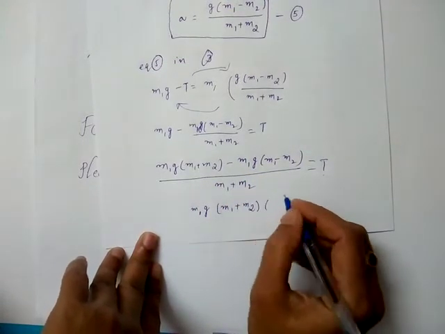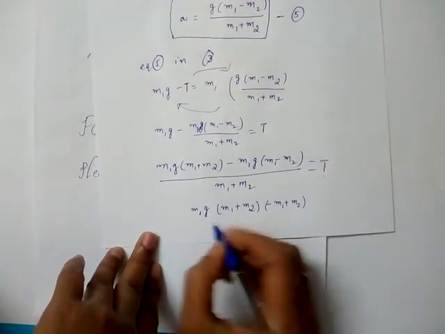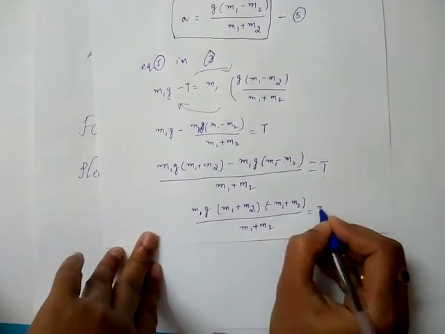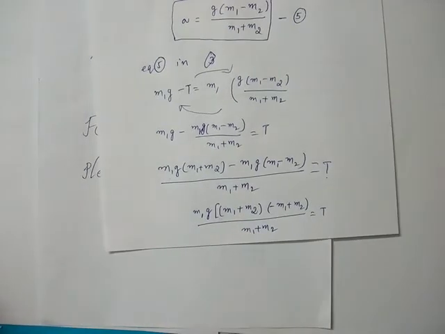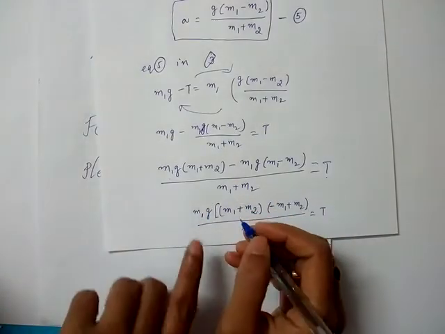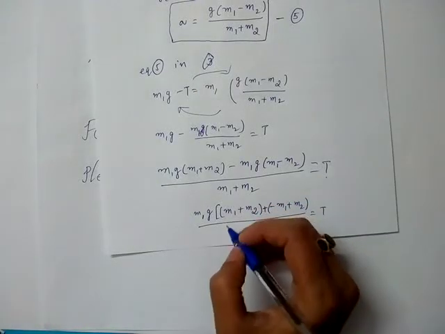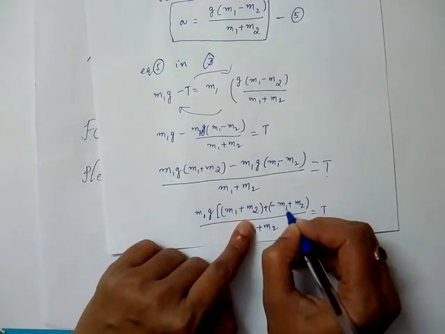into minus m1 plus m2 by m1 plus m2, or just multiply, you will have cancellations. So as I have taken m1g common, m1g is taken common, m1 plus m2 plus into minus m1 plus m2.